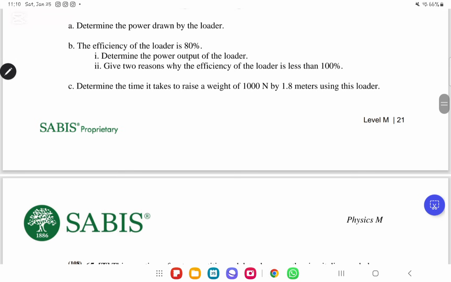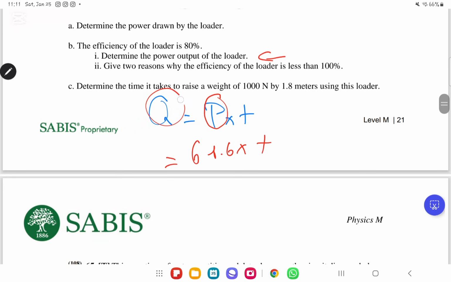So they need the time. We know that the energy E or Q, however you denote it, is equal to the power times time. So let us first of all find the power. Looking for the power, it's usually the power output, which in this case is 61.6. So this is 61.6 times the time, which is what we need to find, is equal to Q, the energy, or as some of you denote it by W, the work.